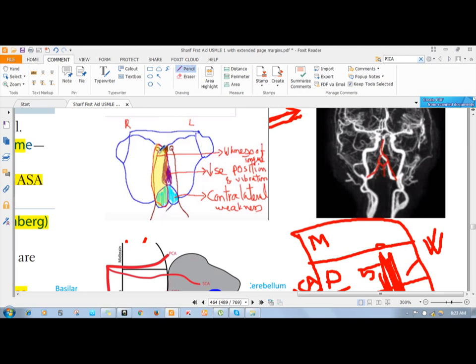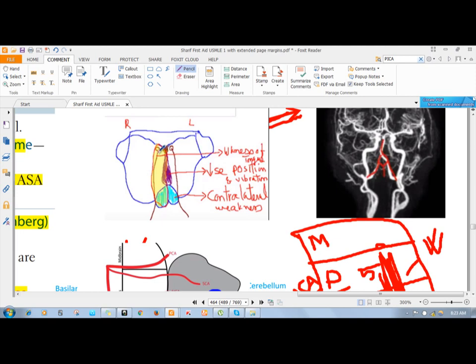So whenever you damage or block the anterior spinal artery, it's going to deprive the medial part of the medulla of blood. If it deprives the medial part of the medulla, at the shaded region, you will have a loss of pain and sensation of the contralateral side of the body due to damage of your medial lemniscus, and you're going to have weakness on the contralateral side of the body due to damage of your pyramidal tract.